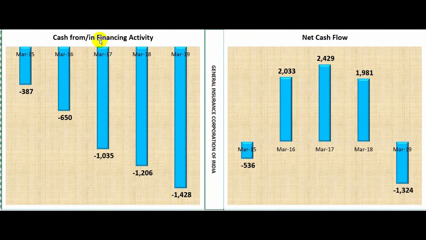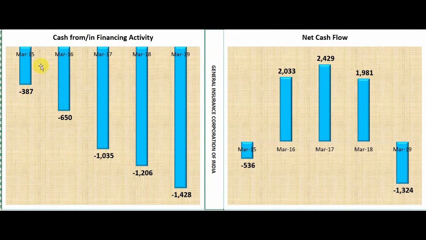Let's look at how much went into financing activity. So here also we see from March 15 till March 19, the company's outflow in terms of cash in financing activity has been steadily increasing from 387 crores to 1,428 crores.